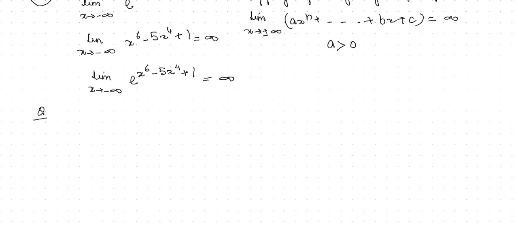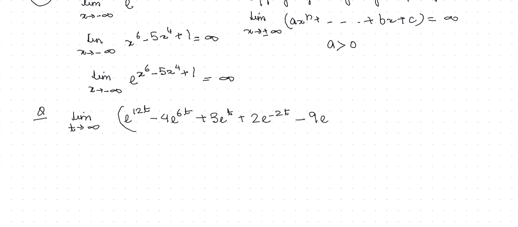Now I'll try to do the next problem which somebody has sent. t tends to infinity of e^(12t) minus 4e^(6t) plus 3e^t plus 2e^(-2t) minus 9e^(-15t).